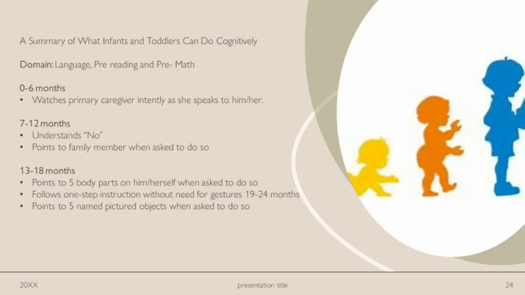Follows a one-step instruction without need for gestures. 19 to 24 months: points to 5 named pictures or objects when asked to do so.